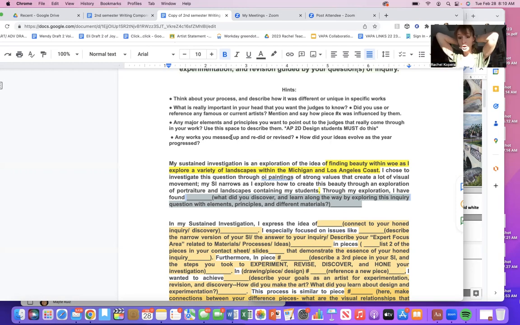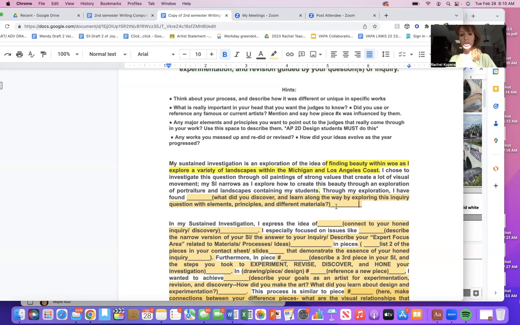Remember, if you're 2D, which is most of you, nine of you, then you have to reference your principles of design. What are the principles of design that you're using? Any works you messed up and redid or revised? This is huge. You need to name how you revised.